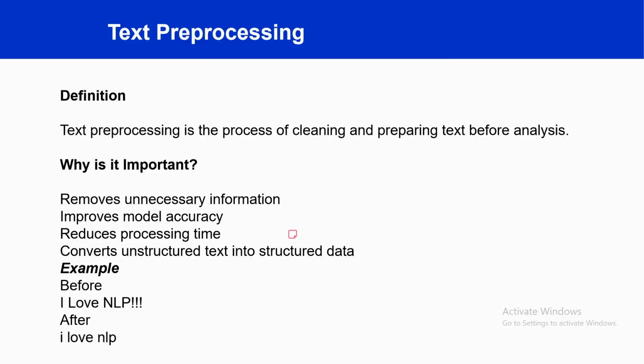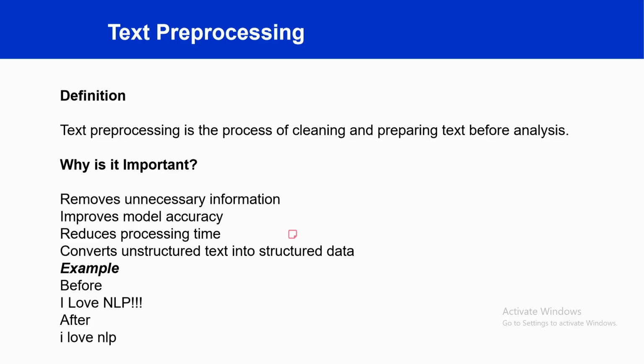Now we'll focus on one of the most important stages of the NLP pipeline, that is text pre-processing. It is the process of cleaning and preparing raw text before it is analyzed by an NLP model. Why do we have to do this? Actually, human language is messy. People use uppercase and lowercase letters, punctuation marks, emojis, abbreviations, unnecessary words, and we make spelling mistakes also.